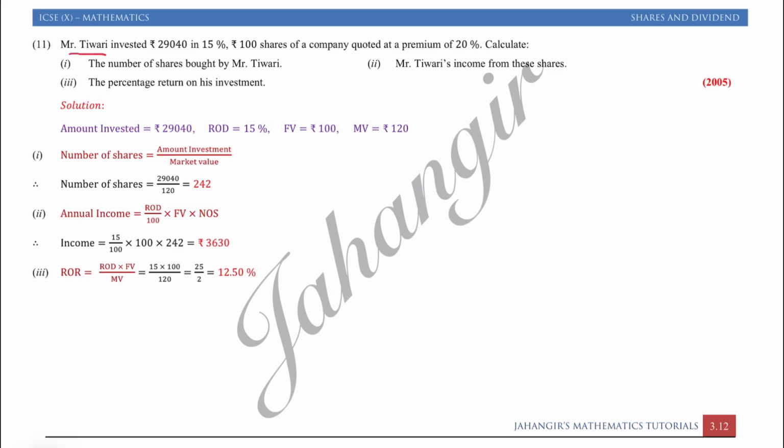Question 11. Mr. Tiwari invested rupees 29,040 in 15% rupees 100 shares quoted at a premium of 20%. Quoted means you are getting it at a 20% premium, that is 20% more on the face value. So here first we will write the information. Amount invested is rupees 29,040, whose rate of dividend is 15%.